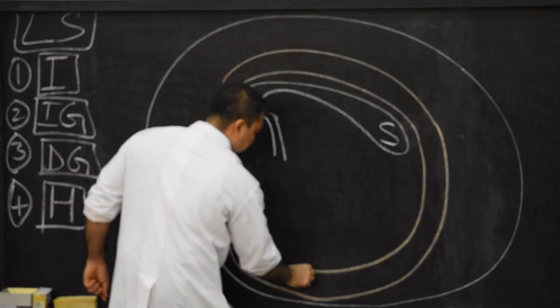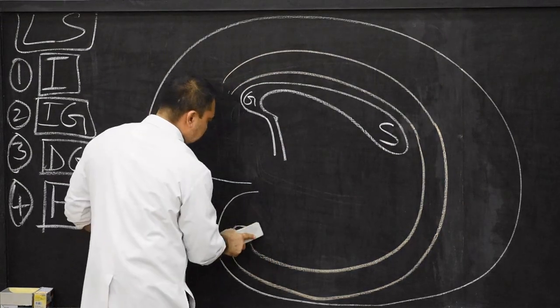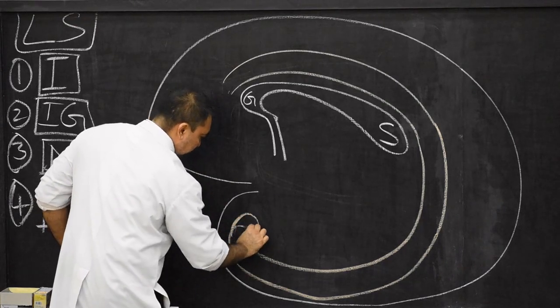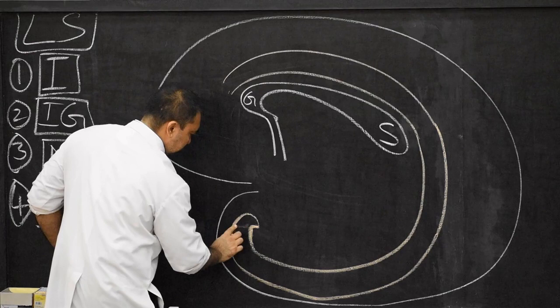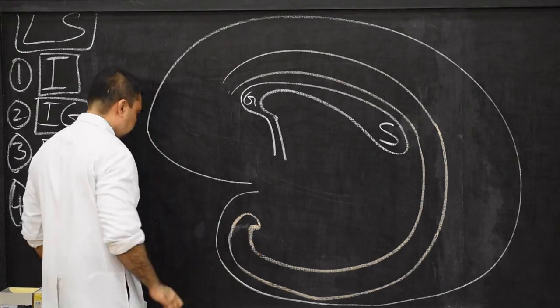So here we will continue this as parahippocampal gyrus, and it will go anteriorly, and we will show it as uncus. So here this will be the uncus.